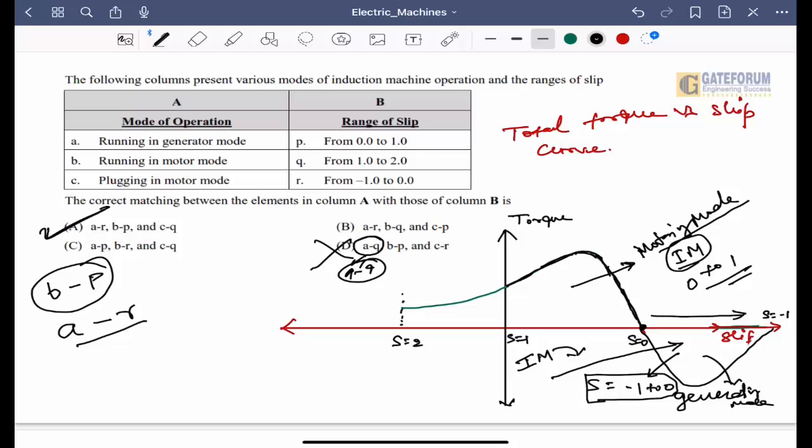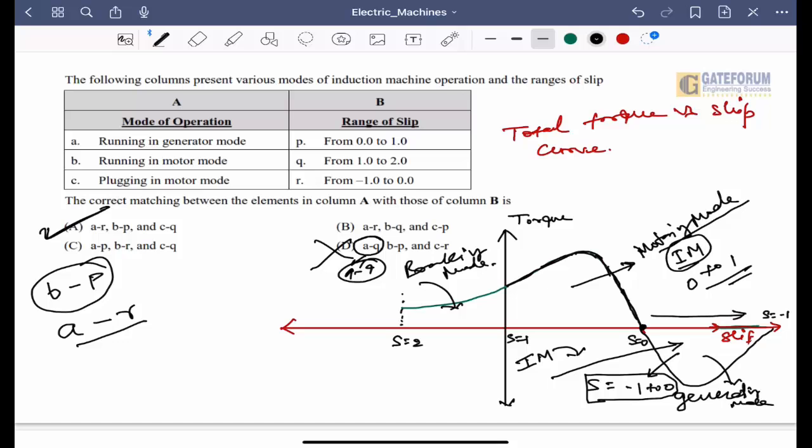Now this is the braking mode. Here we can say that our motor will get braked and will have a braking operation. Speed will get reduced.